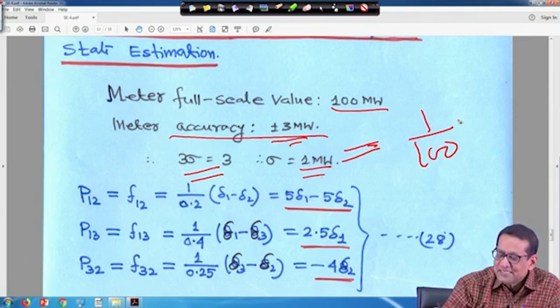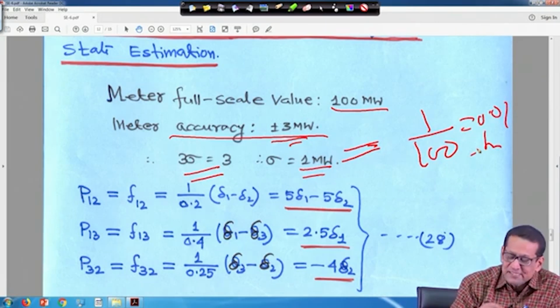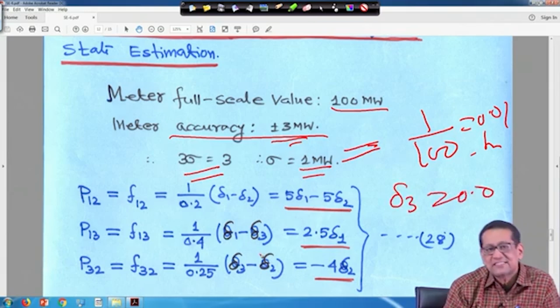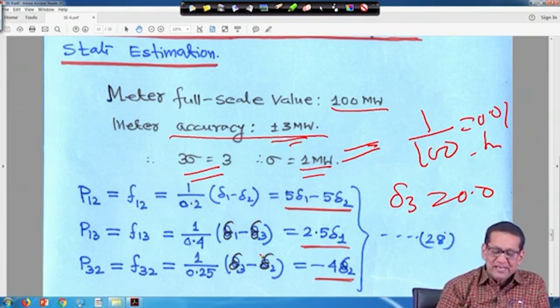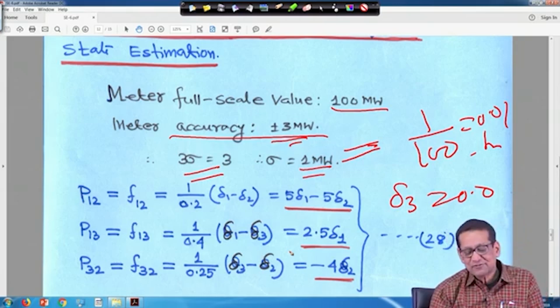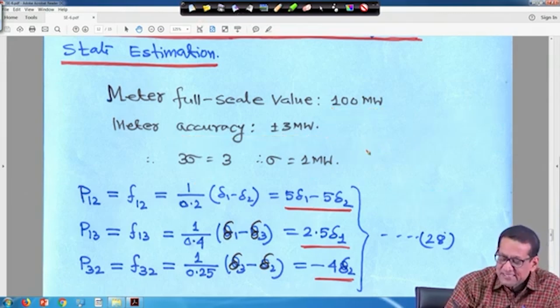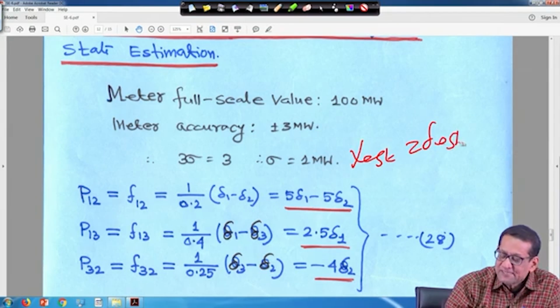So basically it is 0.01 in per unit, and bus 3 was a slack bus, so delta 3 is 0.0 in this equation. So we get that H matrix, we have to get. That means if you write like this, your x estimated is nothing but your delta estimated.